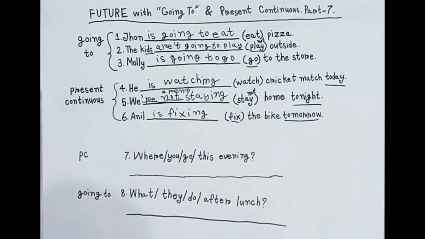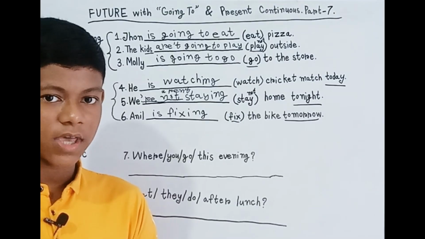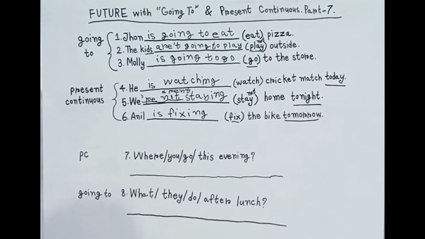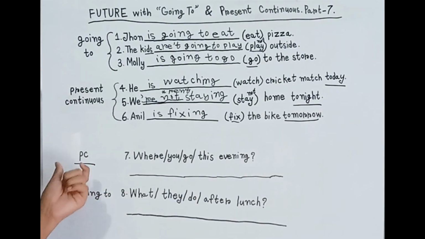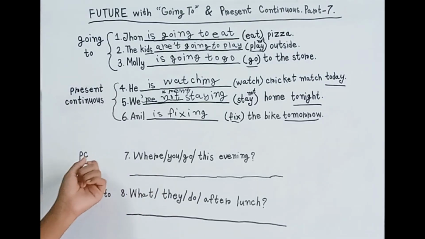So we have already understood going to and the present continuous, with both positive sentences and negative sentences. Now we will practice the questions. So here we will just practice it a little bit. Here I have written this, that is PC. What's the meaning of PC? P means present and C means continuous, present continuous, but I have just written this in short form.